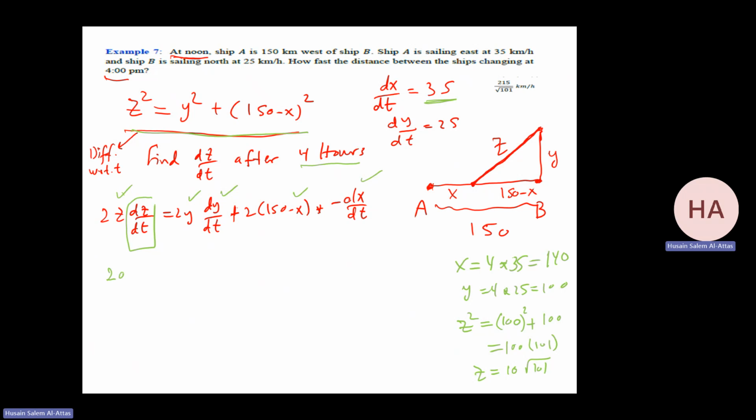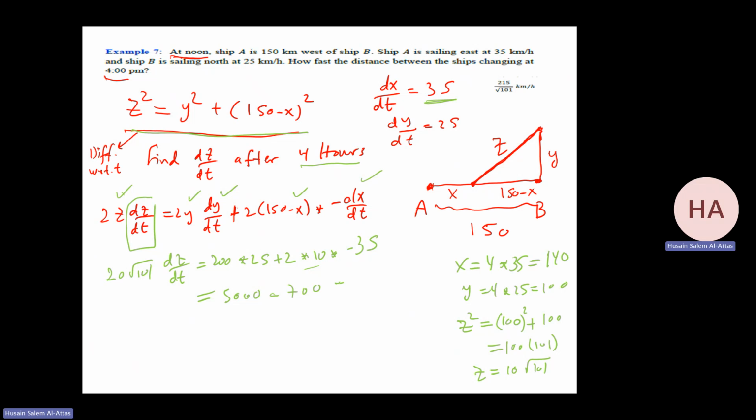So I have 20 square root 101 dz/dt equals 200 times dy/dt, which is 25, plus 150 minus 140, which is 10, times minus 35. Do the calculation. 200 times 2 times 25 is 50, so I have 5,000, minus 700.